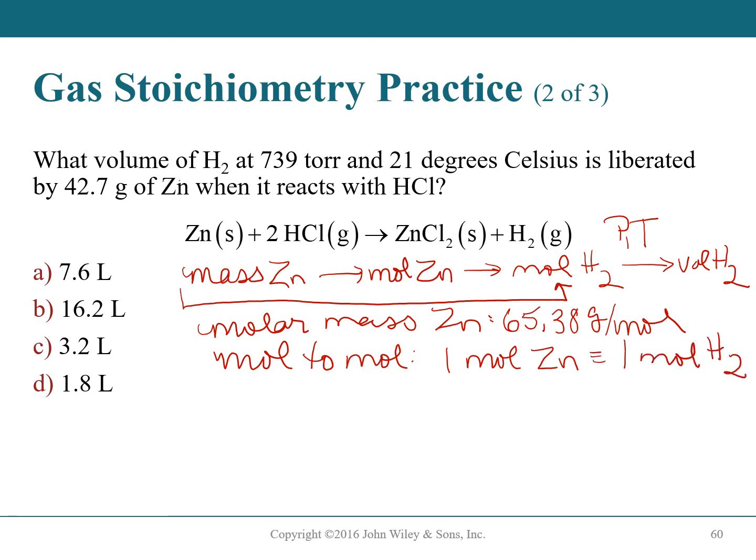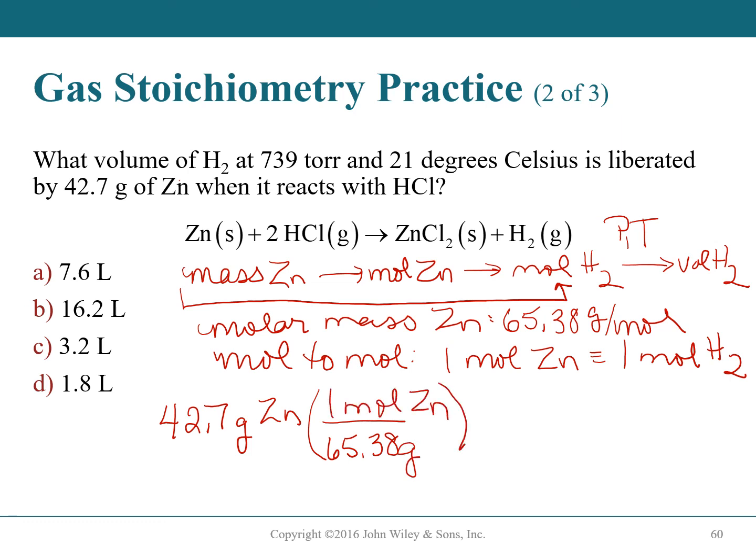Okay, so let's go ahead and put this together. So we started off with 42.7 grams of zinc. We're going to convert that to moles, so we're going to divide that by 65.38 grams for 1 mole of zinc. And we know that it's a 1:1, so 1 mole of zinc will give me 1 mole of hydrogen gas.